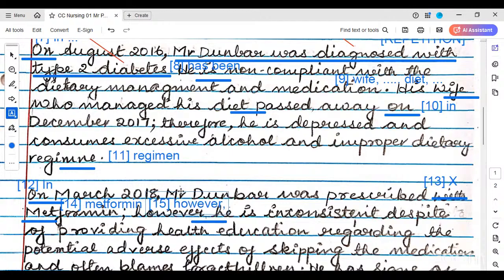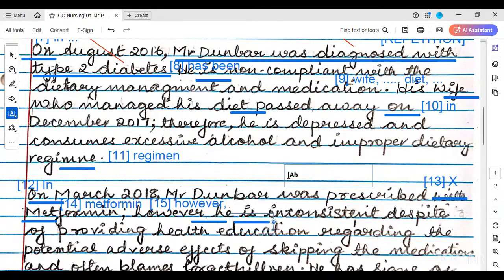However, yes, he is inconsistent. Okay, he has been inconsistent means for quite some time, not just now. He is inconsistent means now. Health education was provided long back, and still he is inconsistent, so he has been inconsistent for a long time.